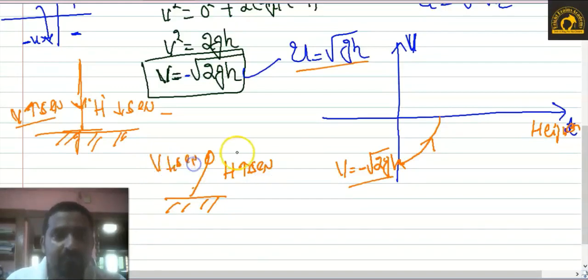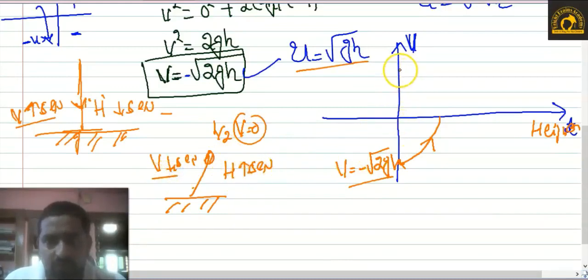Decreases. Why? Because when it reaches h by 2, the velocity becomes 0. That is the reason the velocity decreases as the height increases. And this is the graph.